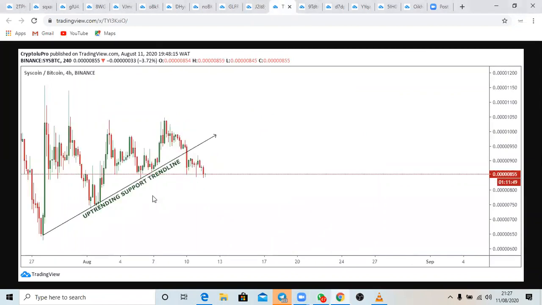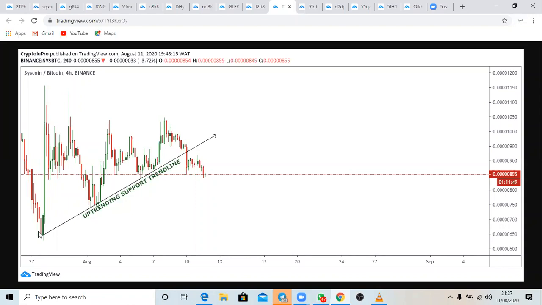This is an example of an uptrending support trend line that I explained in the previous slides. As you can see, just like the fourth student was on this line, price also showed that this concept that I explained previously applied to it also.